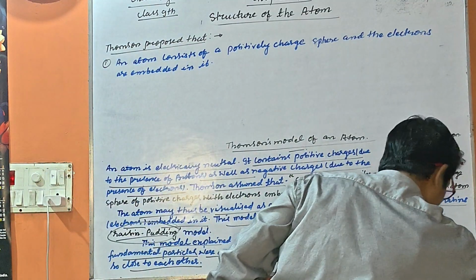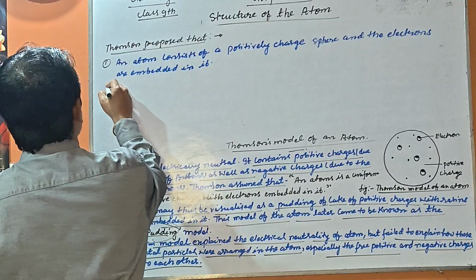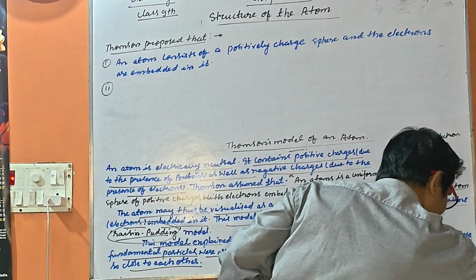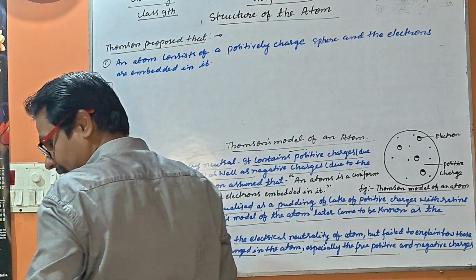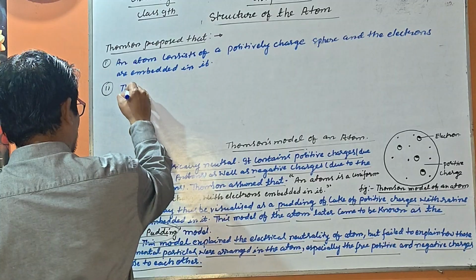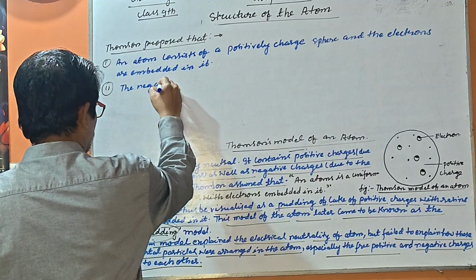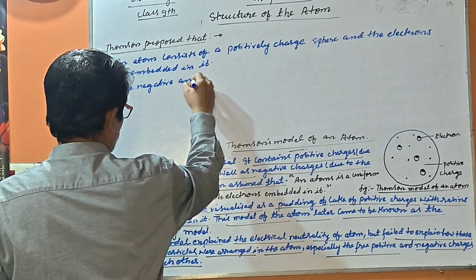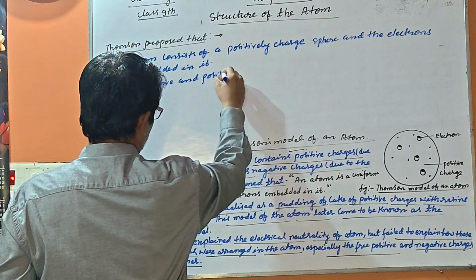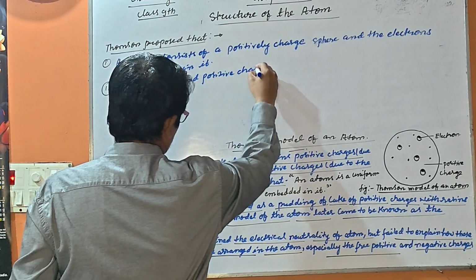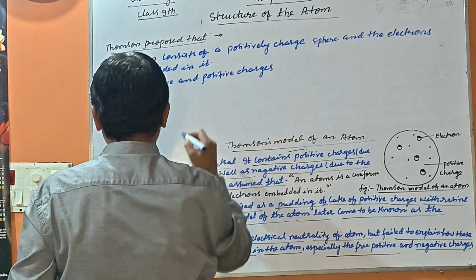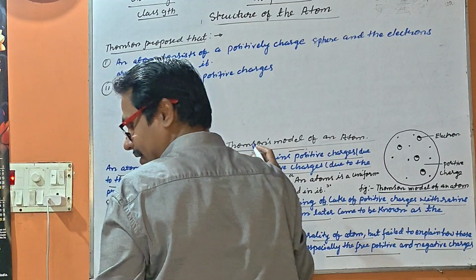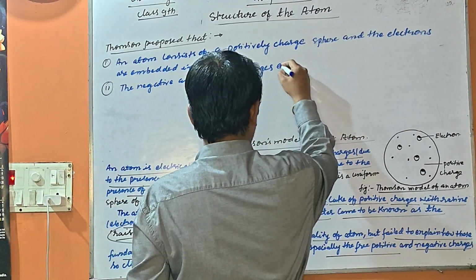And the second point Thomson proposed is that the negative and positive charges are equal in magnitude.